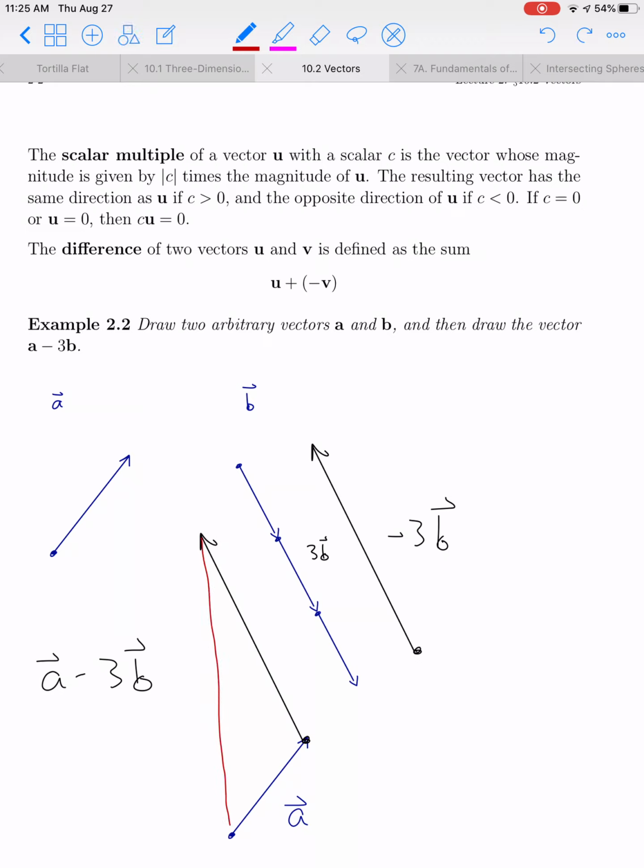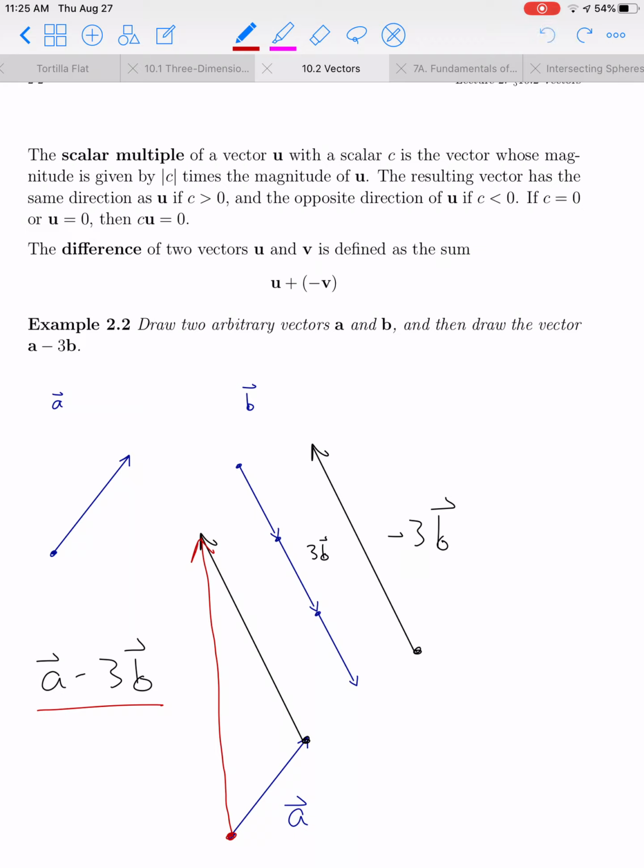That is the vector a minus 3b, the resulting vector from the tip to tail addition. So vector differences are essentially vector addition, just with vectors reflected in opposite directions.